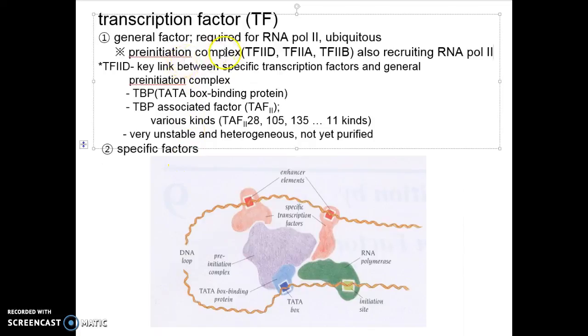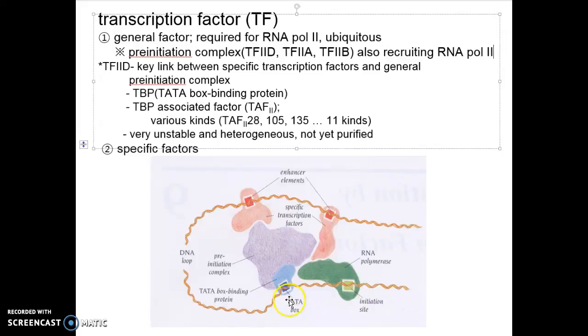The pre-initiation complex, composed of TFIID, IIA, and IIB, is essential for the initiation of transcription.